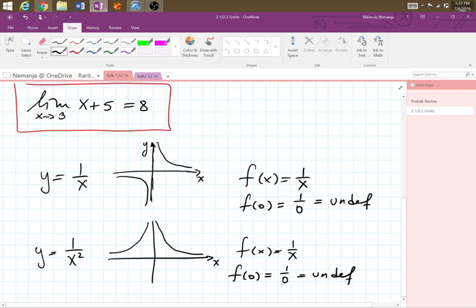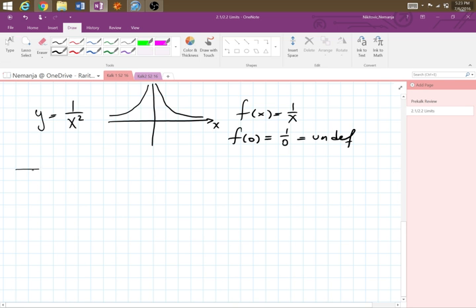Now see, the trick is that if you use pre-calculus to compute these function values by plugging in 0, you are going to get undefined both times. However, if you use limits, one of them will be undefined and the other one will have positive infinity as the answer. So choosing a limit as a computational method will yield a different answer, which is actually more detailed than just saying undefined, which means does not exist.